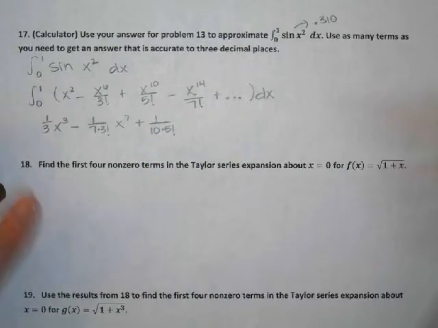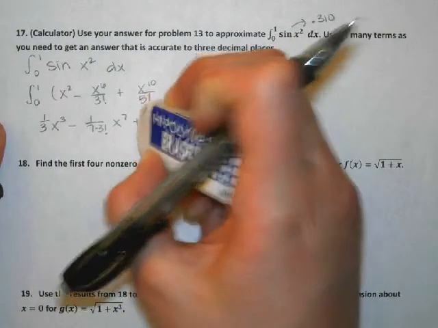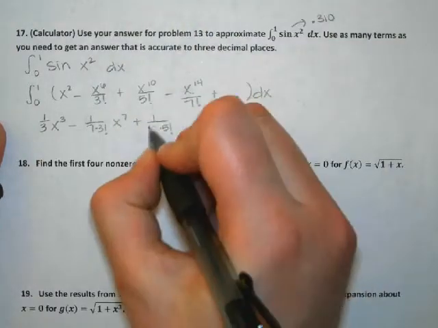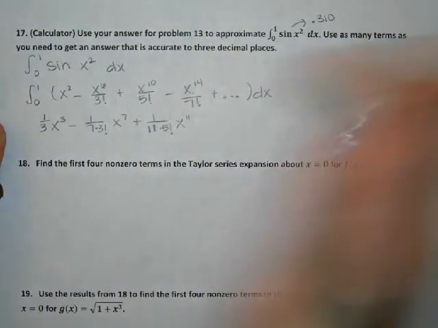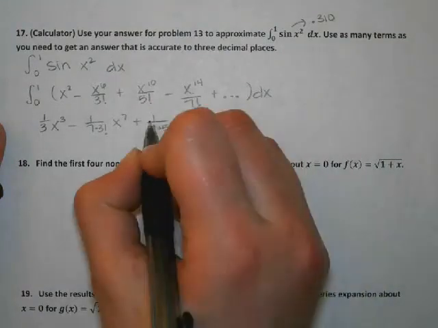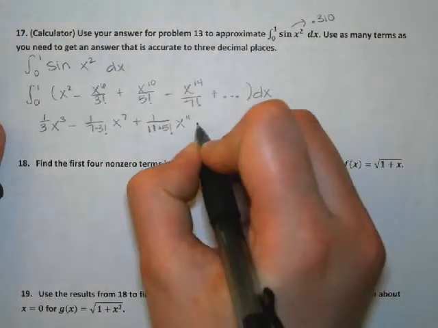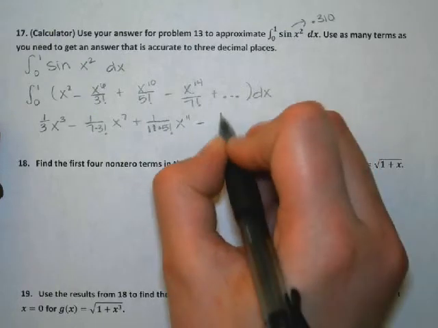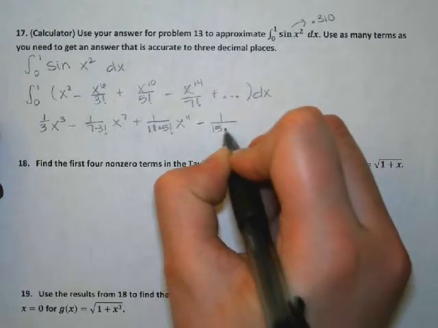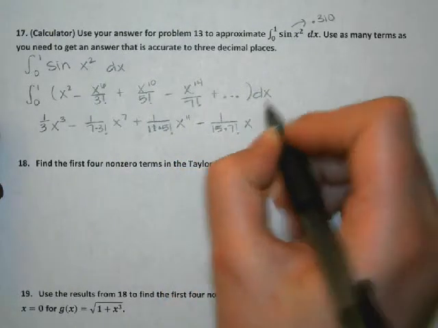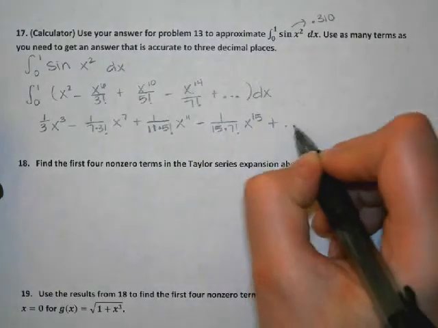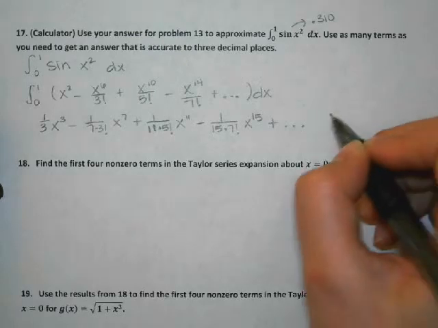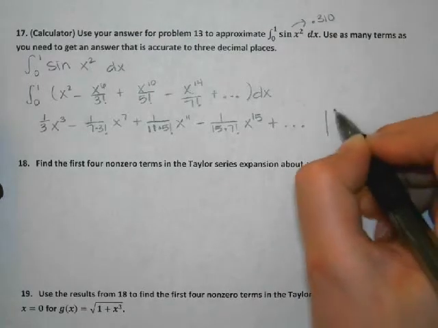No, 11th, right? I mean 11, sorry. It's okay, so many things are happening with this problem. The 11th, okay. Minus 7 factorial x to the 15th. Okay, so I'm gonna put plus for now, and I'm gonna leave some space so we can find some more if we want.